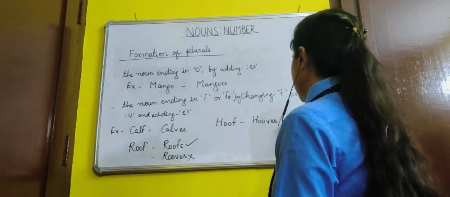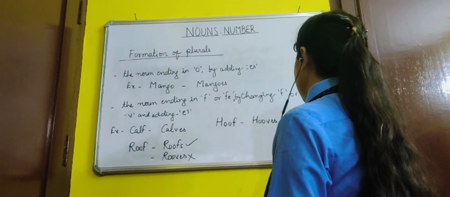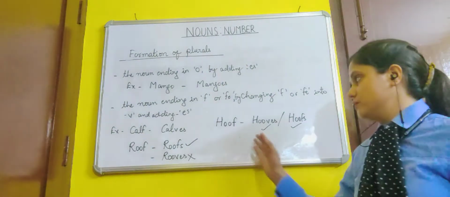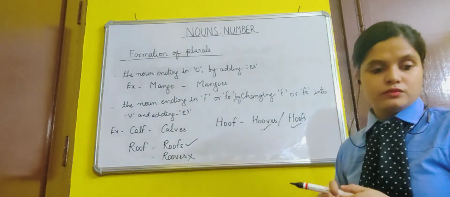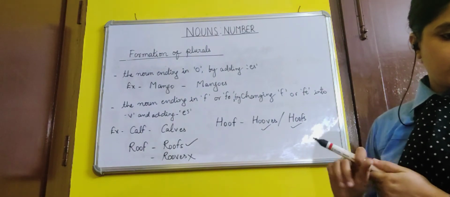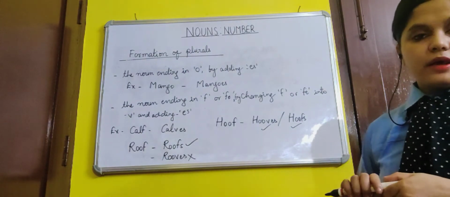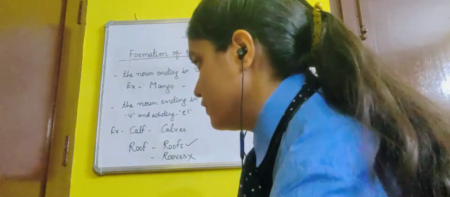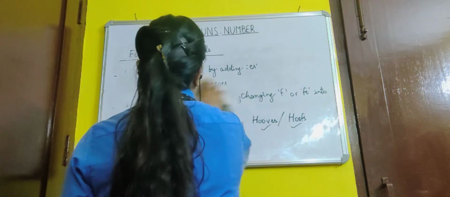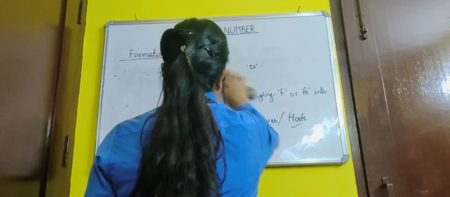Hoofs or hooves, both will be correct plurals. Okay, now these were a few rules of making the plural of nouns. But there are a few words where you cannot apply any of these rules.